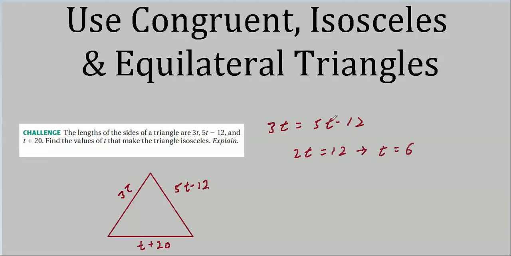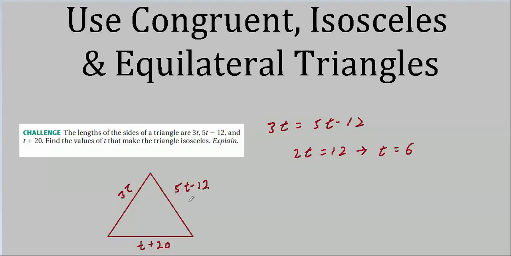That was setting these two equal. So we could have one isosceles triangle where t equals 6. And down here this would have a side of 26, so that's okay. We only need these two to be equal, and that would be 18, and that's 30 minus 12, and that's 18. So that works.